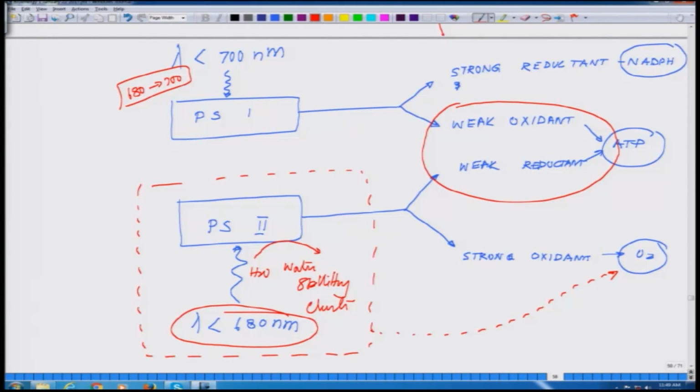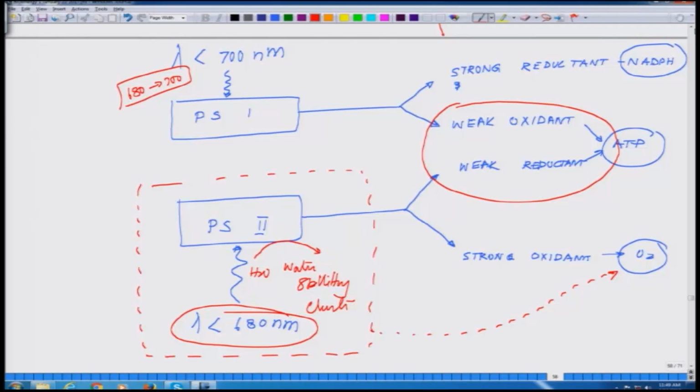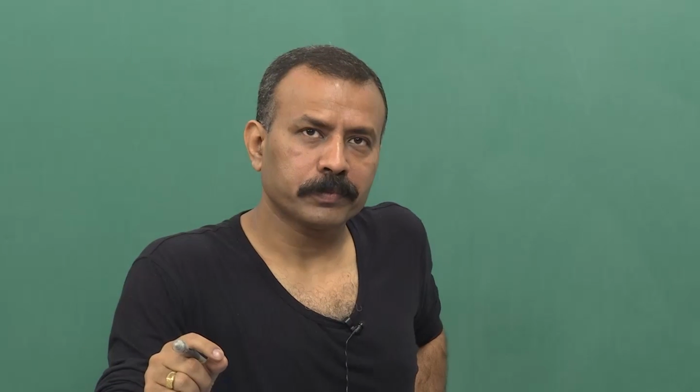Photosystem 2 only functions at 680 and less, and photosystem 2's oxygen evolution is what we use as a scale for measuring the quantum efficiency or photosynthetic efficiency.